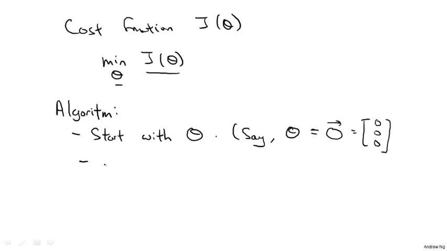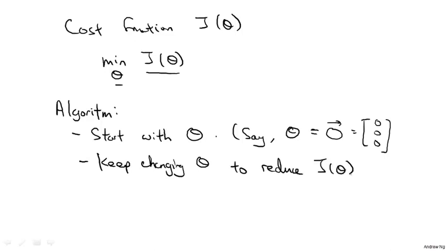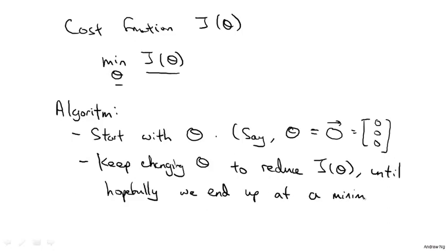And then what gradient descent does is keep changing theta to reduce J of theta until hopefully we end up at a minimum. So start with some value of theta and then keep on changing theta to reduce J of theta.